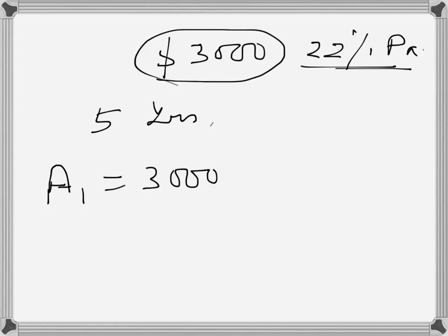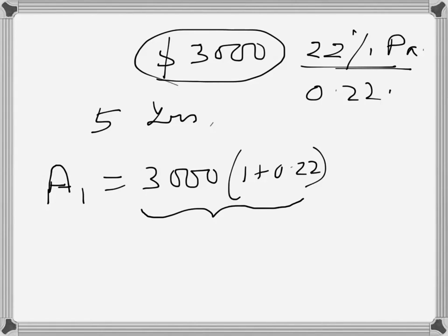In terms of decimal that will be 0.22, and that will be 3000 times (1 plus 0.22). That will be the amount owed after 1 year, because this interest will be there after 1 year. So the total amount owed will be this much. But this is before paying the repayment.